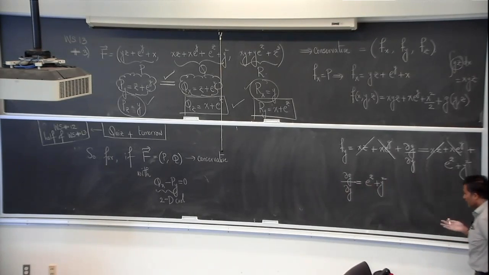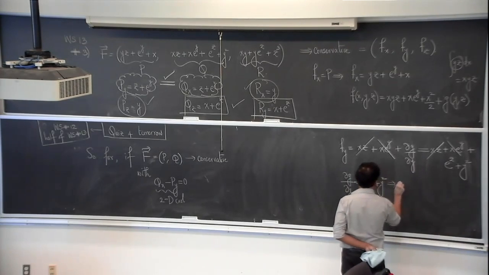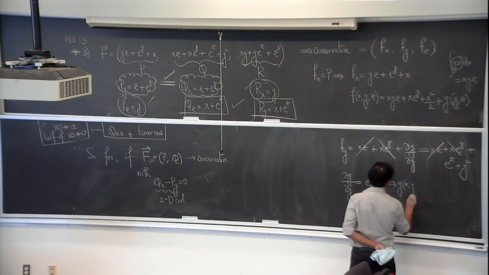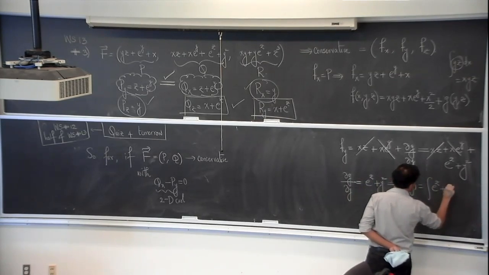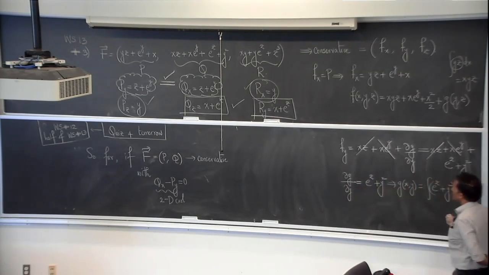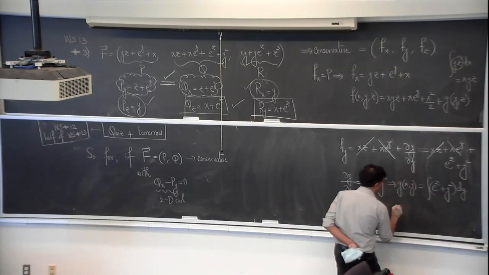So you're partially integrating g with respect to y. That's y e to the z plus y to the 3 over 3.